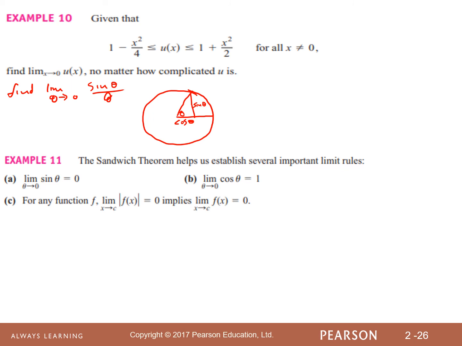Now, what is tan theta? Tan theta is sine over cosine. Is everybody comfortable with that? Good. Now let me add something else. I'm going to draw a secant.